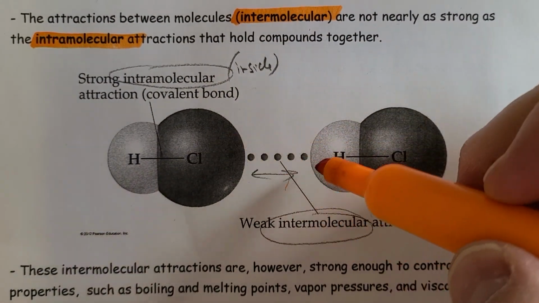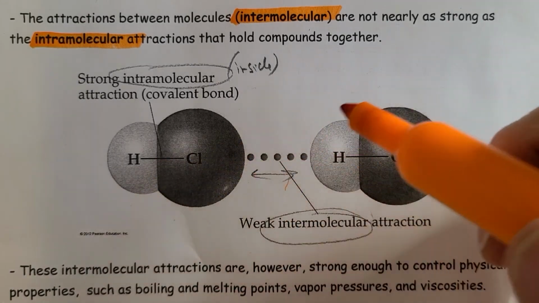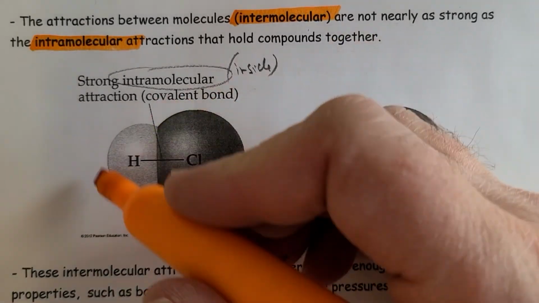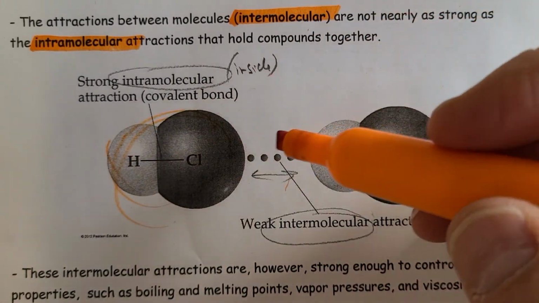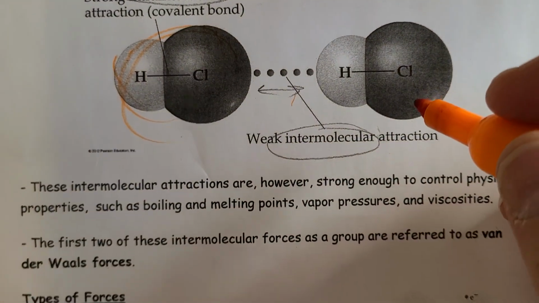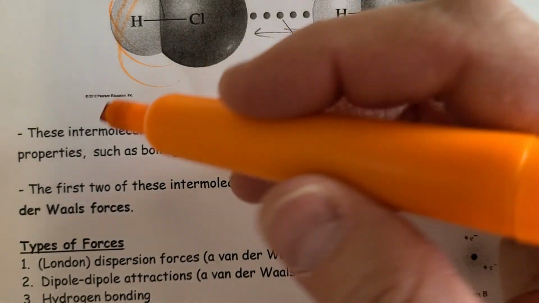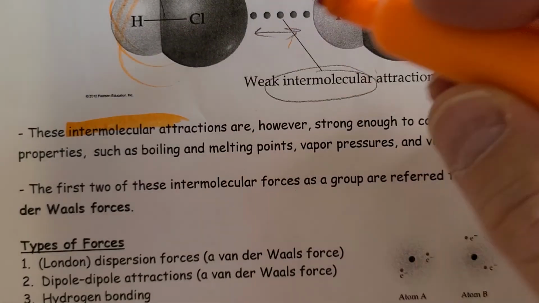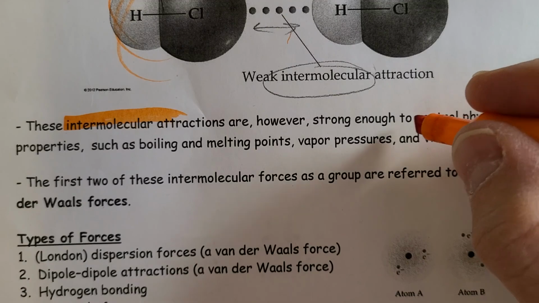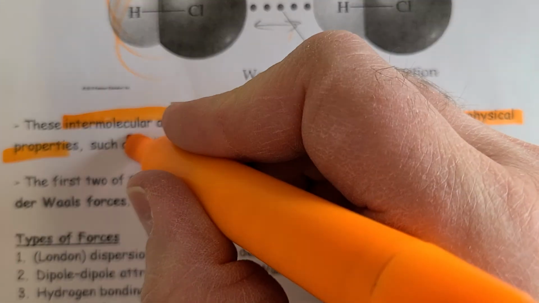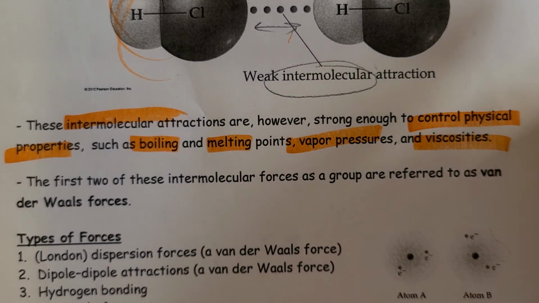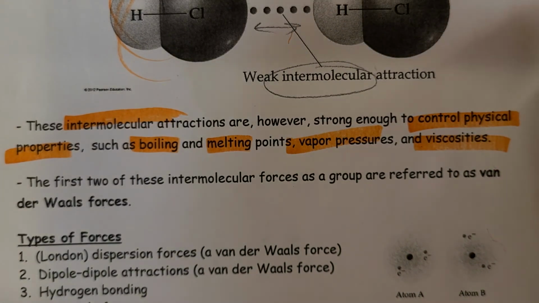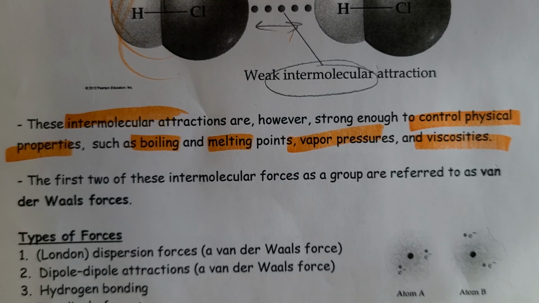So chances are of this molecule pulling this one apart is not that good, because this force holding it together, the inside force, is much stronger than the outside holding it close to another molecule. These intermolecular attractions are, however, strong enough to control physical properties such as boiling points, melting points, vapor pressures, and viscosities, how quick or how slow a liquid travels.